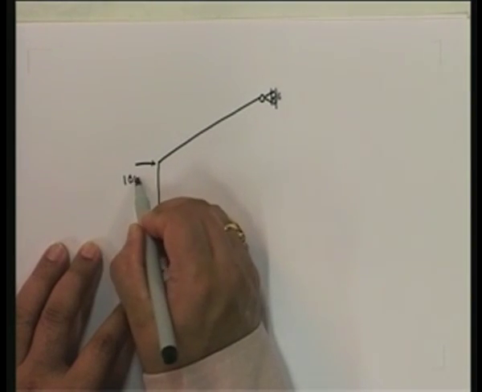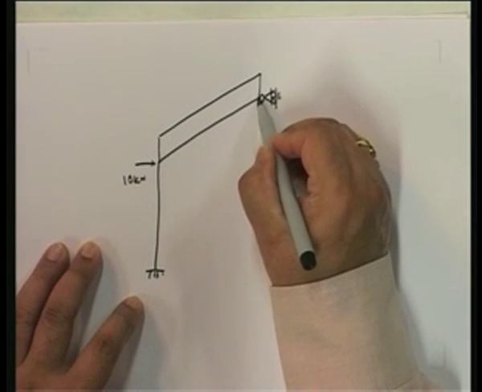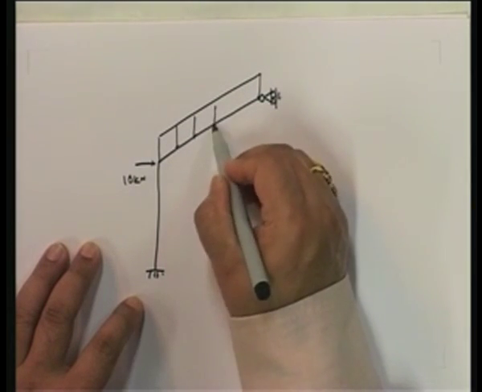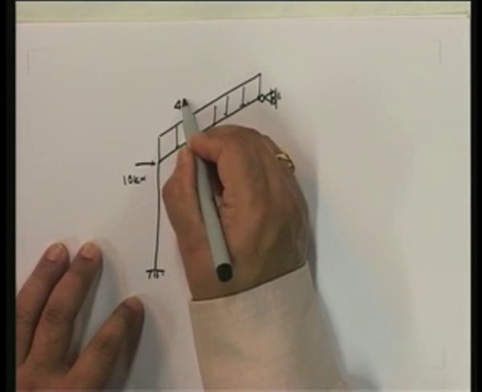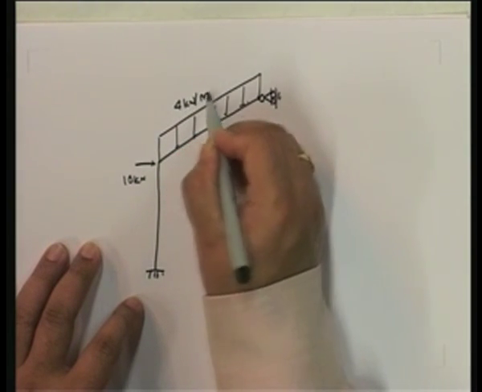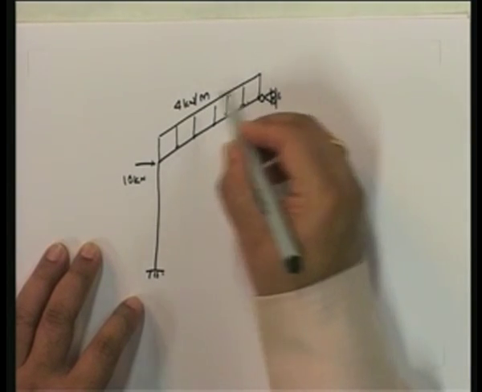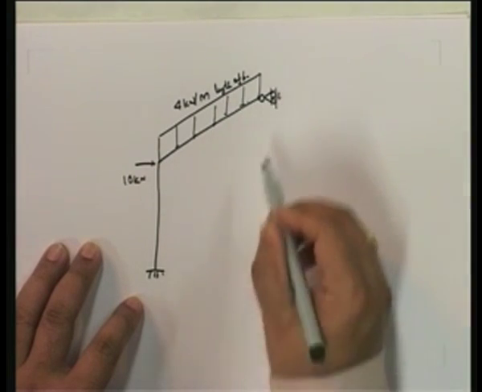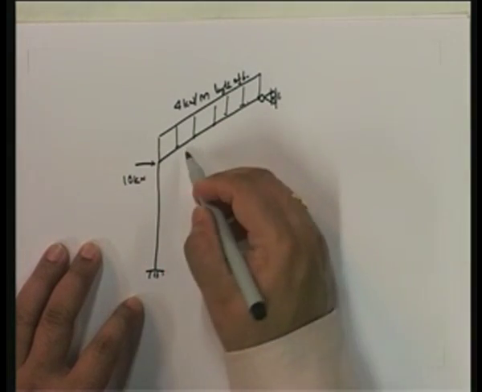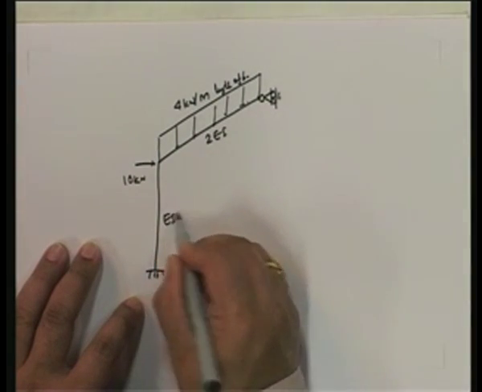Here I have 10 kilonewton and I have a UDL. Okay, this UDL is 4 kilonewton per meter length of bar. Here this is 2 EI, this is EI.